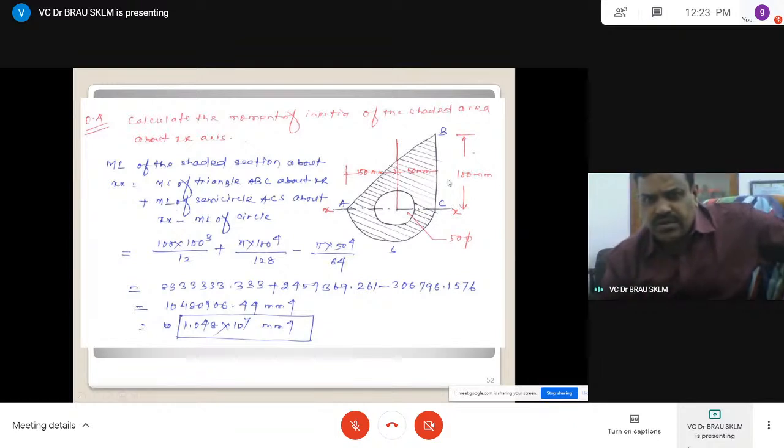This is 100, this is 50, and this is 50 means 25. Pi d power 4 by 64 minus, you have to subtract. Here also, if you want, you can substitute d. It is also 100. Now, the three moments of inertia, because all are symmetric with reference to the x and y axes considered.